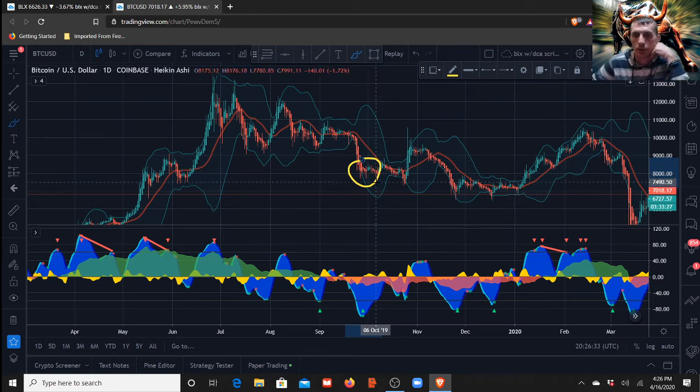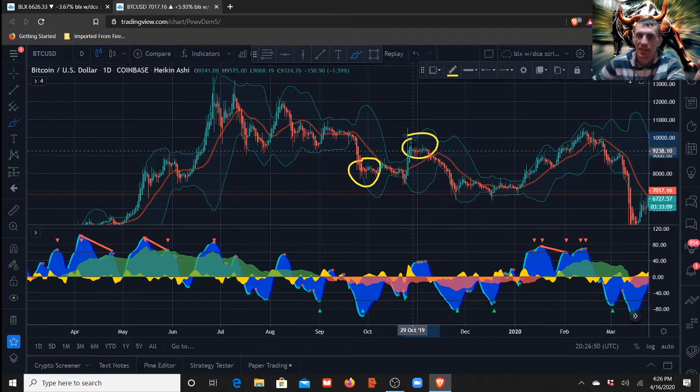Had been a decent little trade, but then right back into another squeeze. So you wait again, you be patient, and then boom, we did get a breakout, and you could have just waited and look. As soon as you seen it hitting that band, and we tested a couple times and then deviated away, would have been a perfect shorting opportunity.